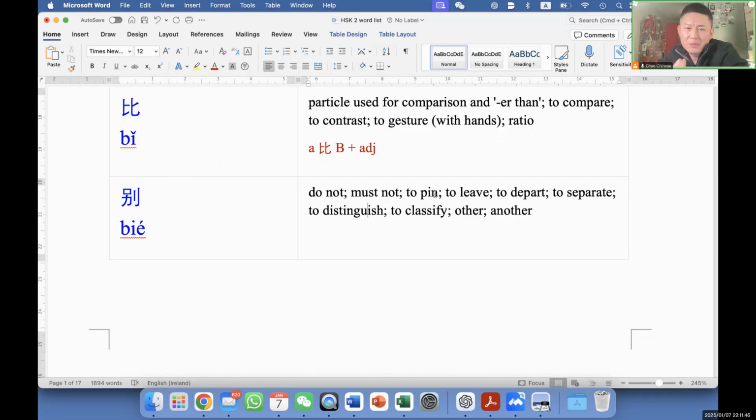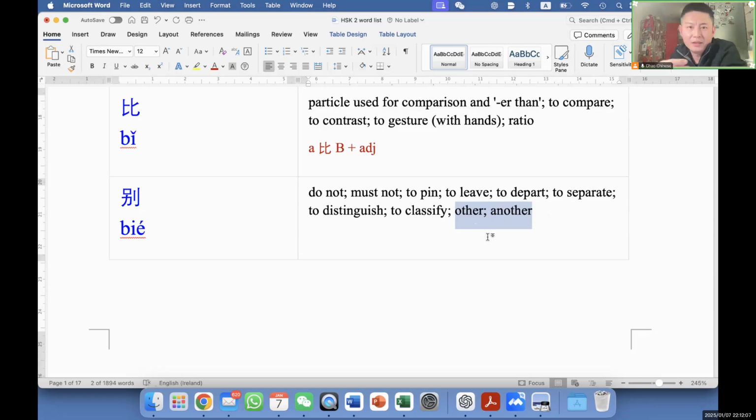See, the word 别 has another meaning, which means others, right? And another. So that might have a connection with do not. If this is not the thing you do, so should be another. But what does that have to do with the word to pin something on something?